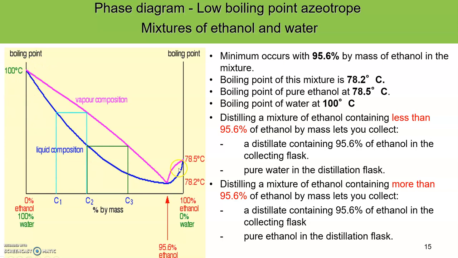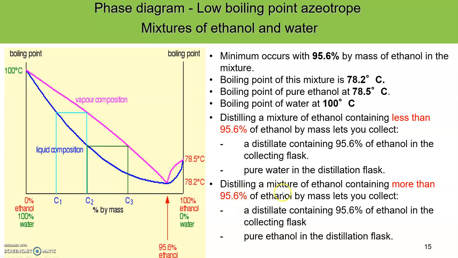So distilling a mixture of ethanol containing less than 95.6% of ethanol by mass will let us collect a distillate containing 95.6% of ethanol in the collecting flask, while what is left is pure water in the distillation flask.